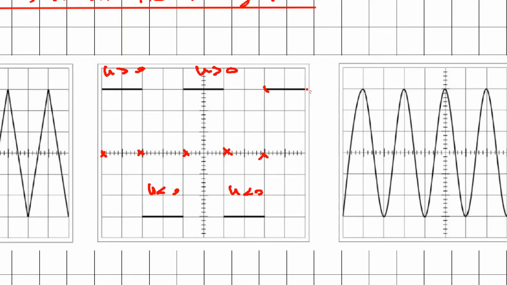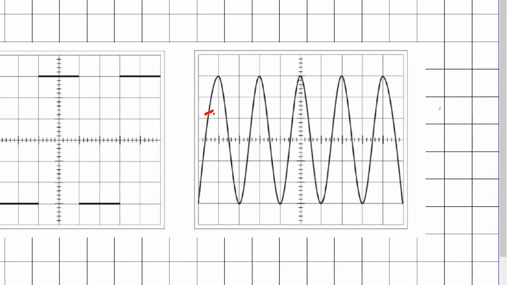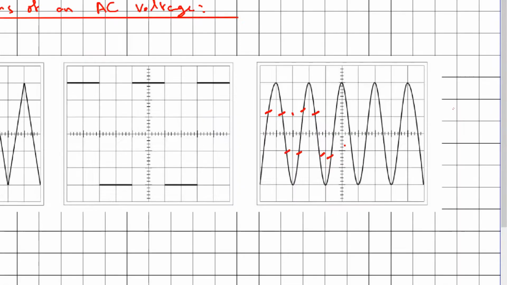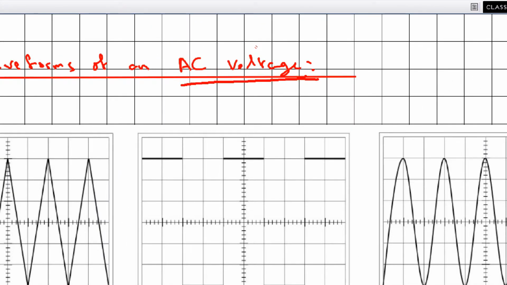And because this luminous line is displaced upwards, it is positive here. As you can notice, it is alternatingly positive and negative. The same goes here: this part is positive, this part is negative, and so on and so forth. For this reason, these different waveforms represent an AC voltage source.